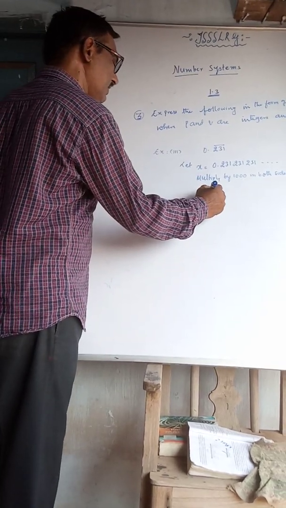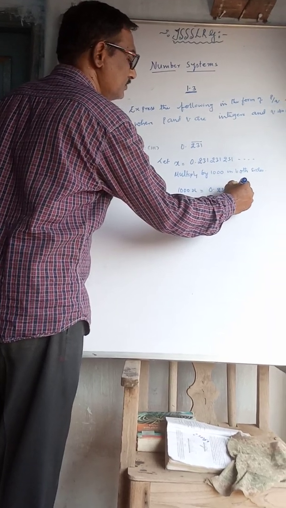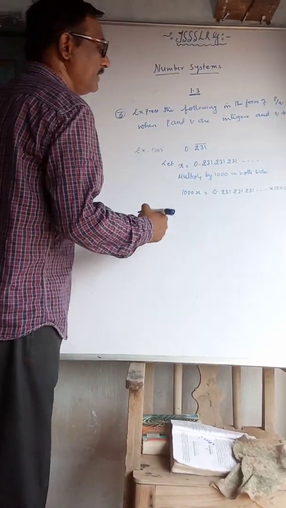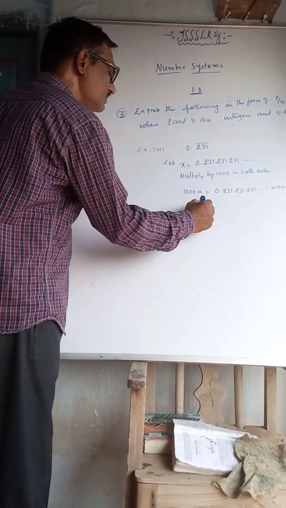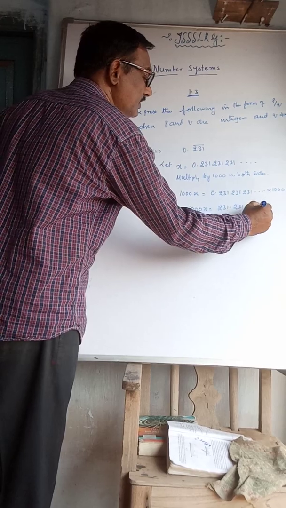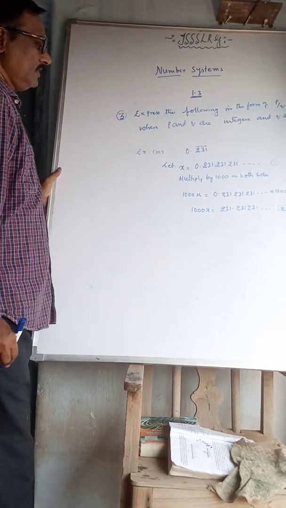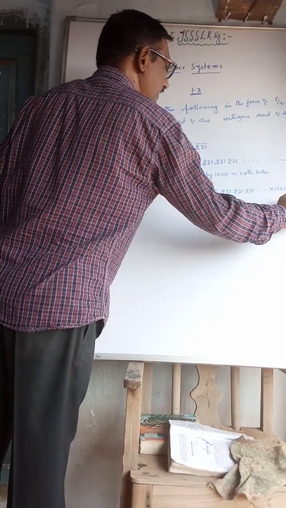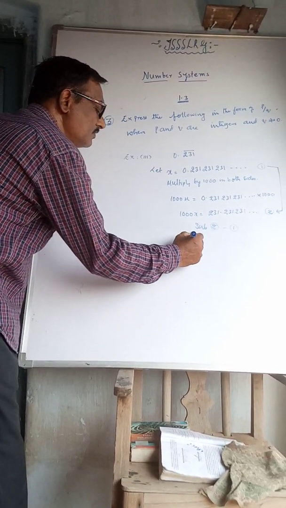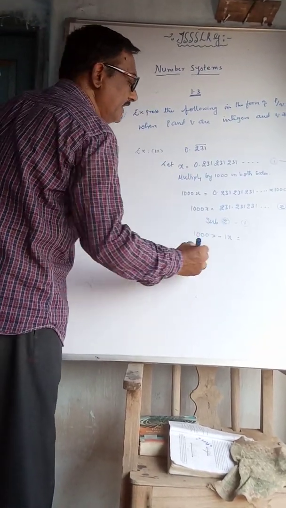It becomes 1000x is equal to 0.231231 times 1000, so 1000x is equal to 231.231231. It is equation 2. This is equation 1. Now we subtract 2 minus 1. It is 1000x minus 1x.